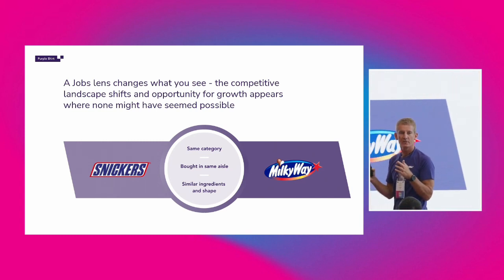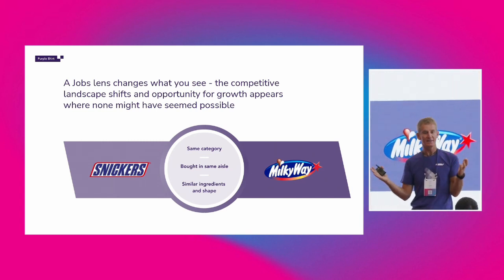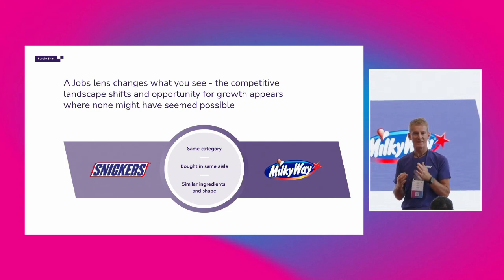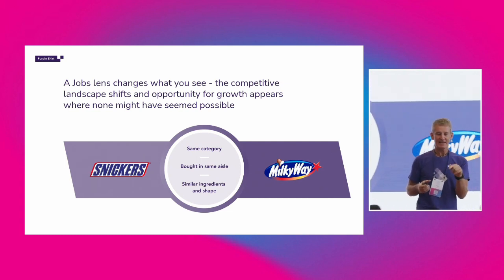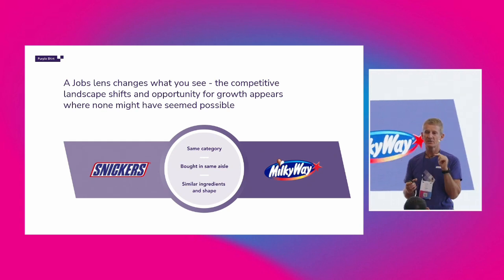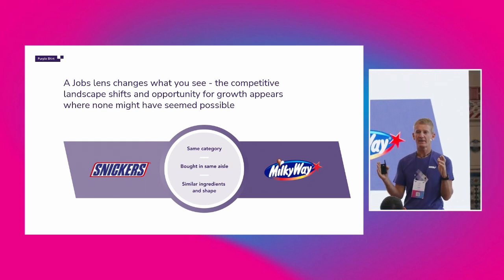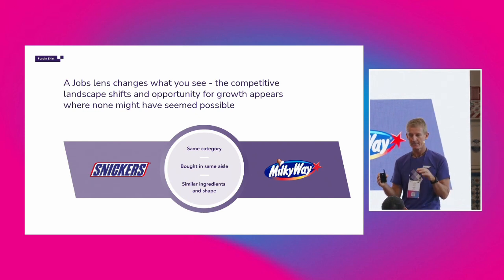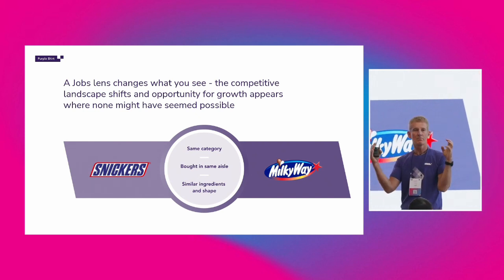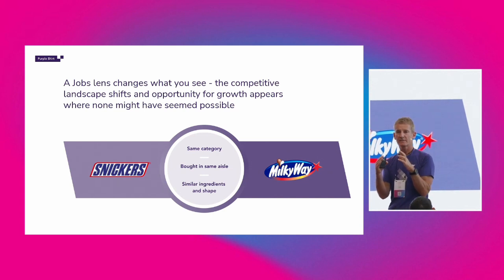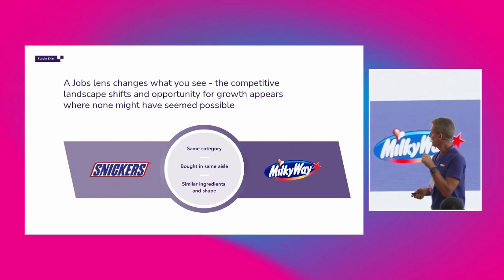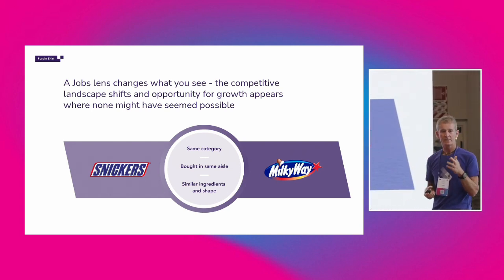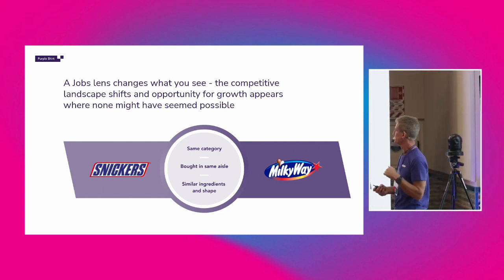Jobs came along and took a jobs to be done perspective on this, funnily enough, and he completely destroyed all of those category boundaries. The iPhone was the category buster that essentially merged multiple previous industries into one, a whole new category. And this next example is a really cool example of what I'm talking about.